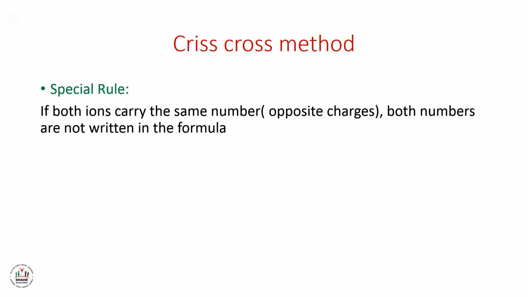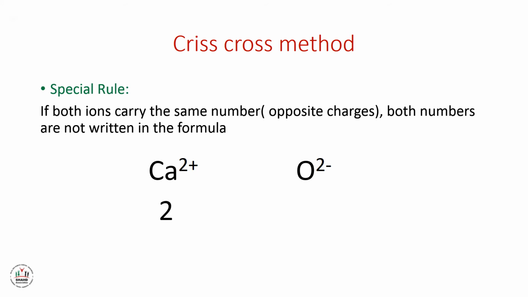Let's take another case. If both ions carry the same number, this means that they have opposite charges. In this case, both numbers are not written in the formula, like in this example. Ca2+, O2-.